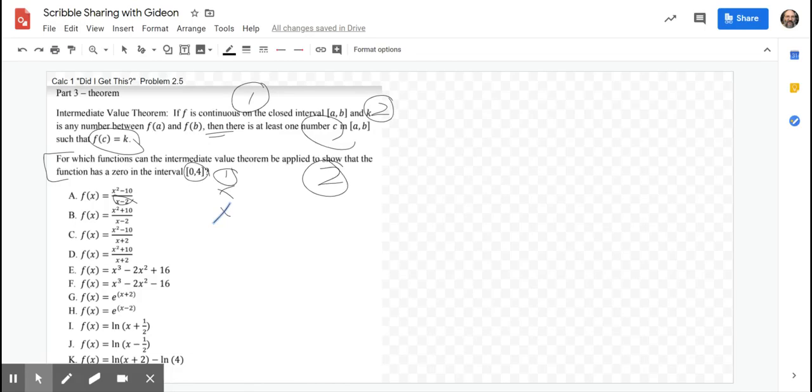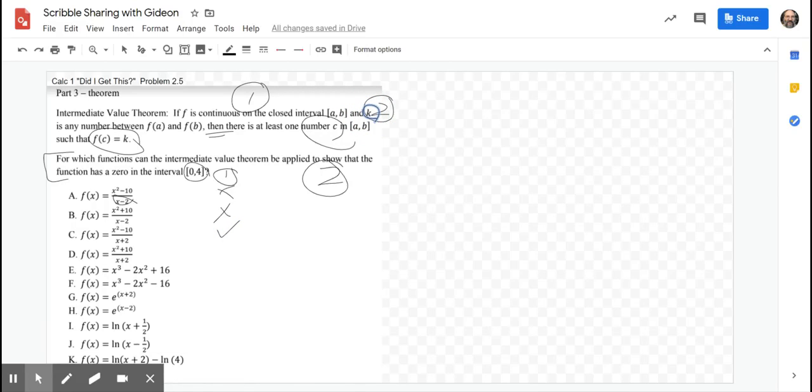So now what we want to do is go, okay, it is continuous on the interval 0 to 4. Nothing else weird happens because there are no square roots of negatives to avoid. Then we have to go to rule 2 to show, right, that k is any number between f of a and f of b. So what's the k that they're looking for?